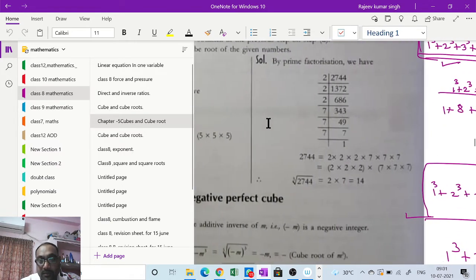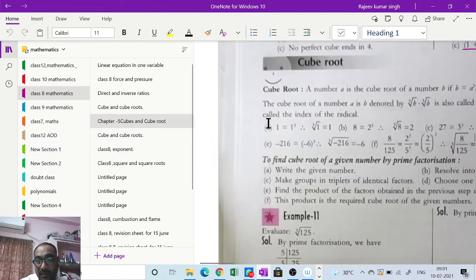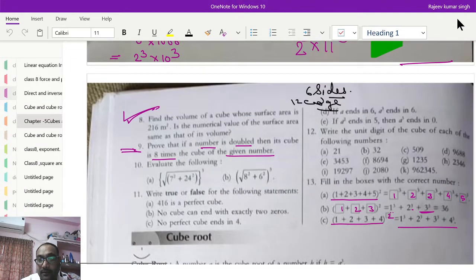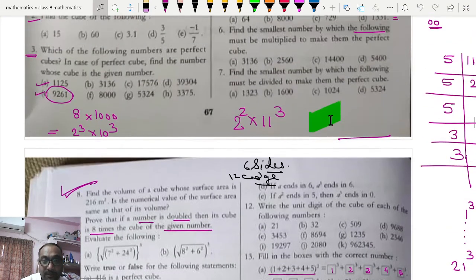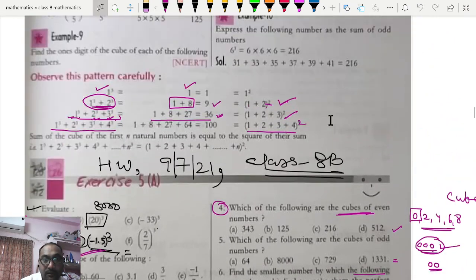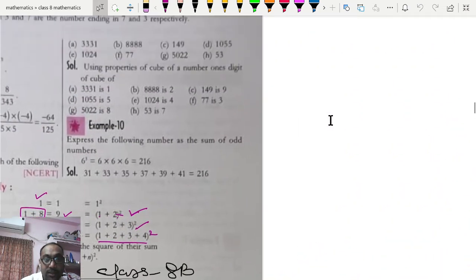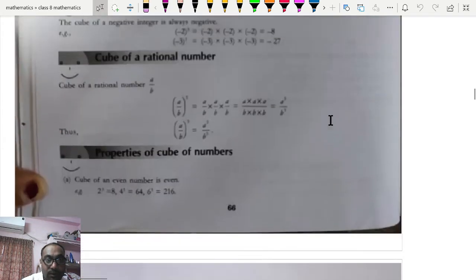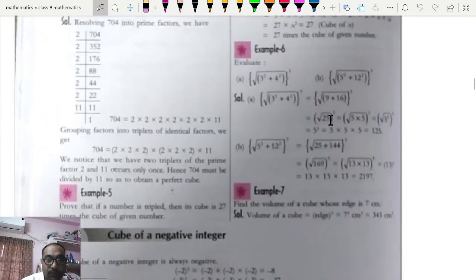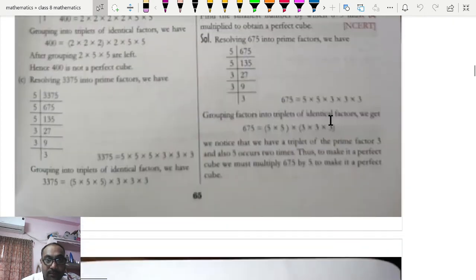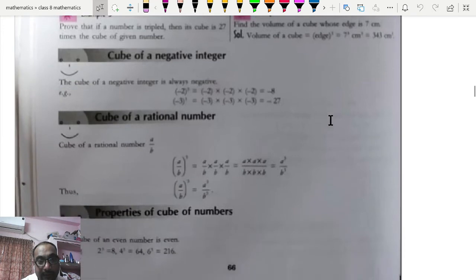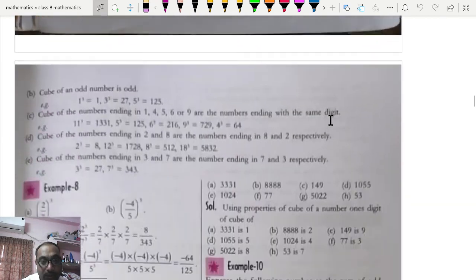We have studied many patterns in squares and square roots, like the Pythagorean triplet, the pattern of consecutive number squares, or the sum of odd numbers from 1 to n plus 1. Okay, now I have already given the introduction to cubes and cube roots.